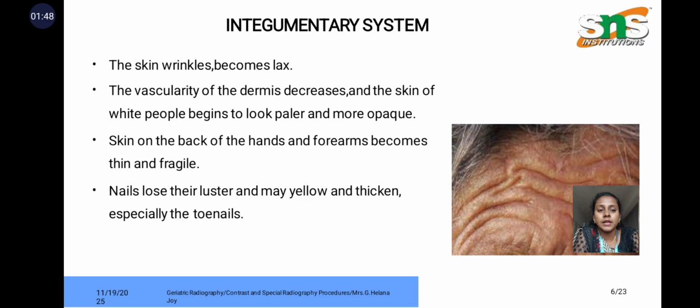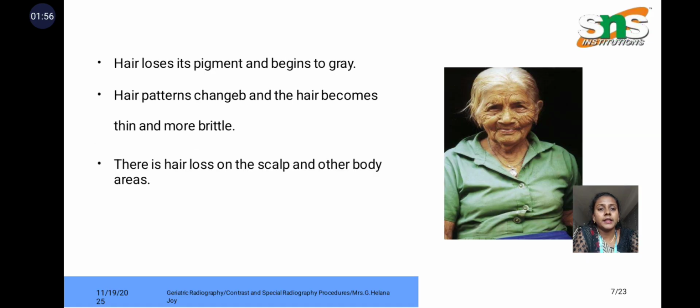Nails lose their luster, may turn yellow, or become thickened, especially the toenails. The hair loses its pigmentation and begins to turn gray. Hair patterns change, the hair becomes more brittle, and hair loss starts on the scalp and other body areas.